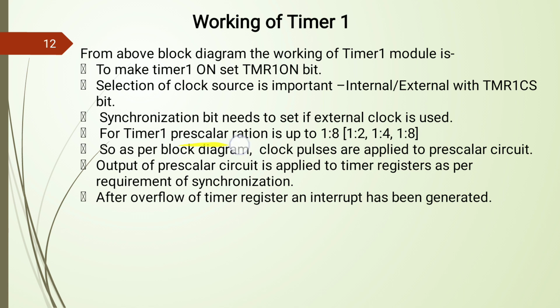After that, you should select the prescaler ratio, whether you want 1:2, 1:4 or 1:8. Then the clock pulses are applied to the prescaler, the output of the prescaler is connected to the synchronization circuit, and then the overflow flag or condition is detected. So this is related to the working of the timer 1 module.